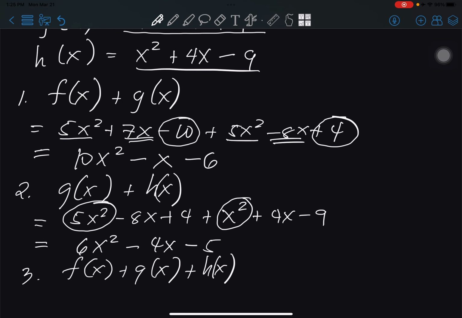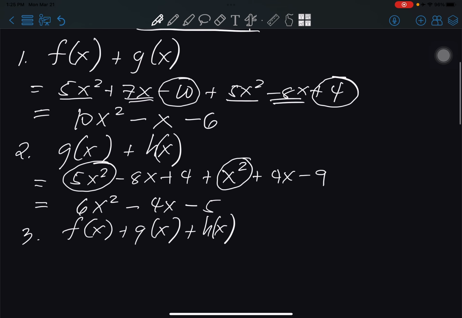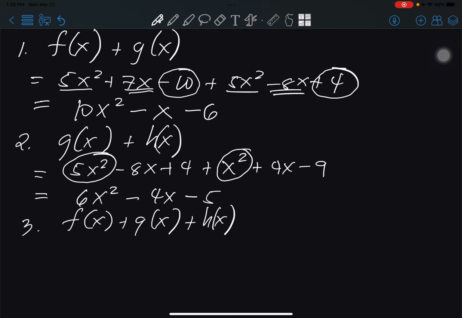Okay? So here, we are just going to substitute the values of the given function. So we have f of x, we have 5x squared plus 7x minus 10. Then plus, okay, I have to put here parentheses so that we could easily identify that this is the value of our g of x.